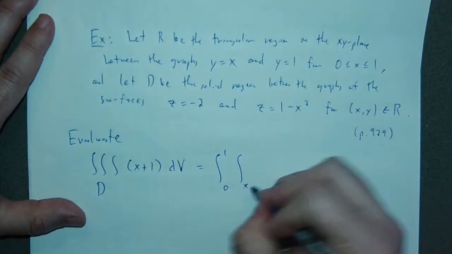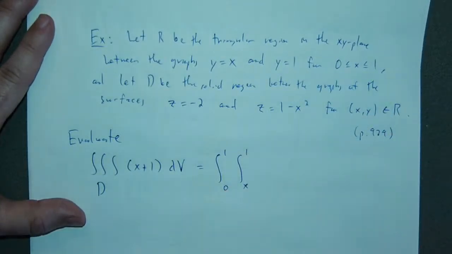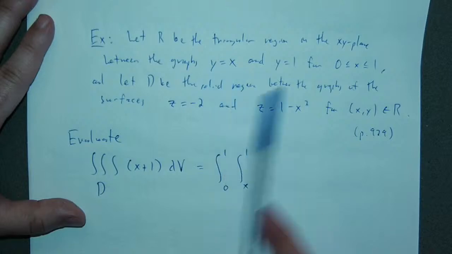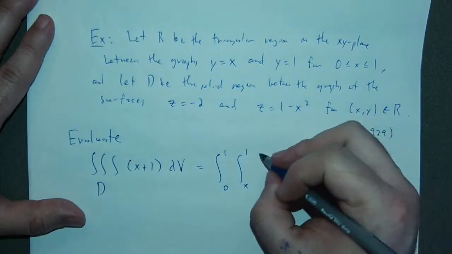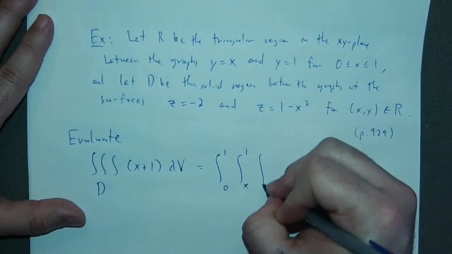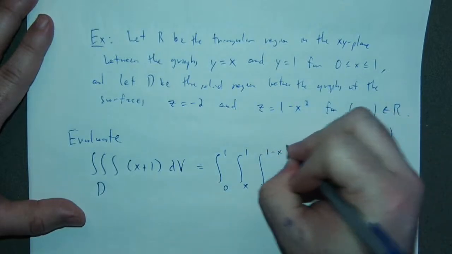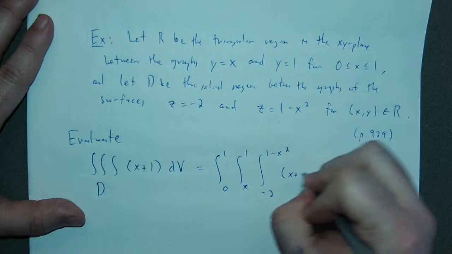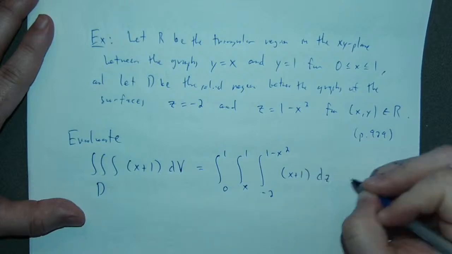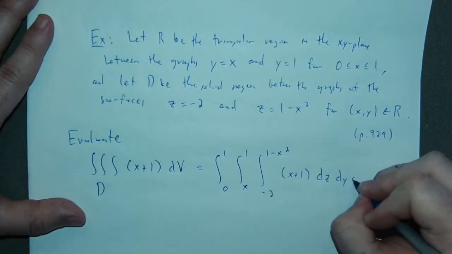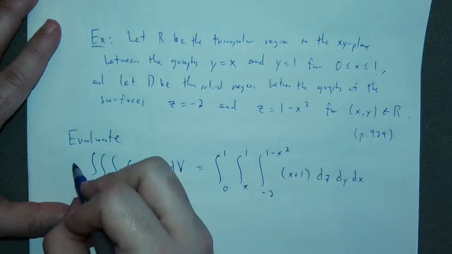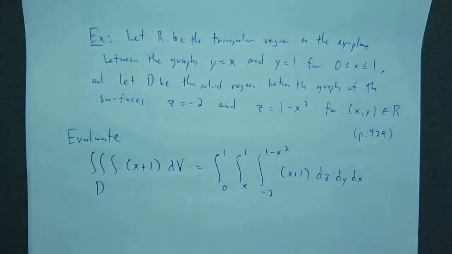From 0 to 1, y equals x is the lower one. Okay, so this is the integral from x to 1. The integral from -2 to 1 minus x squared of x plus 1 dz, dy, dx. Again, the region in question is simple, so we could have done the y and the x in any order we wanted to, but we just treated it as a vertically simple region again.